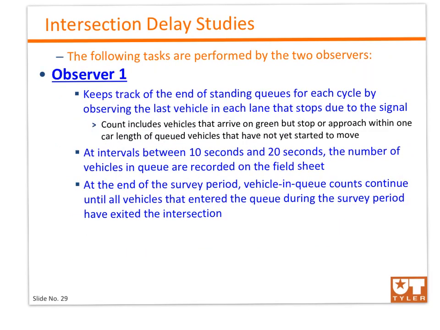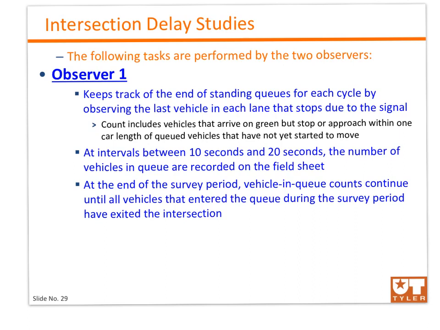So it looks like we have two observers. Now let's look into the tasks for these two observers. Observer number 1 needs to keep track of the end of standing queues for each cycle by observing the last vehicle in each lane that stops due to the signal.